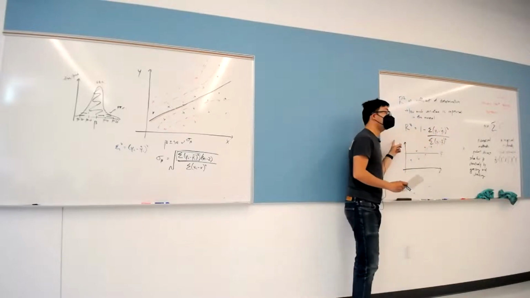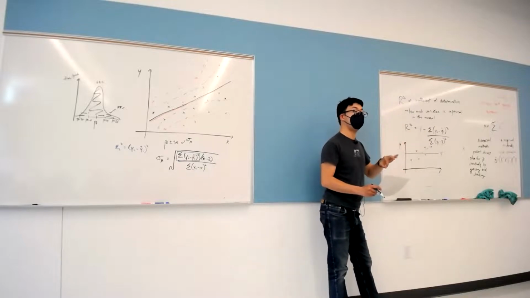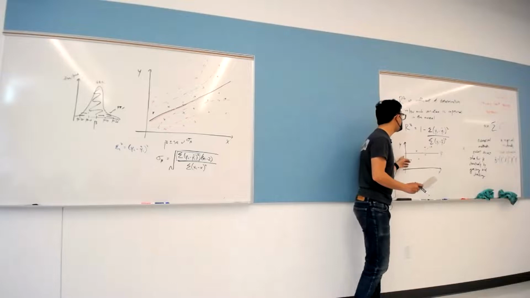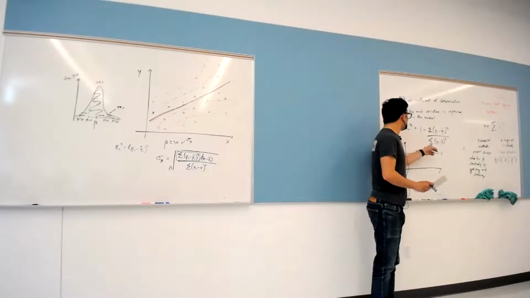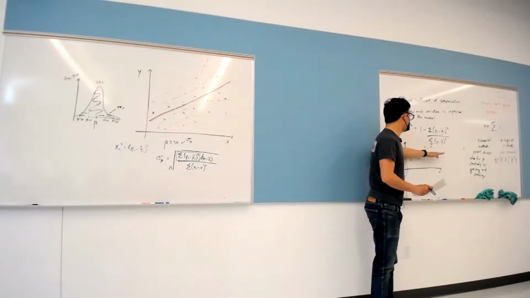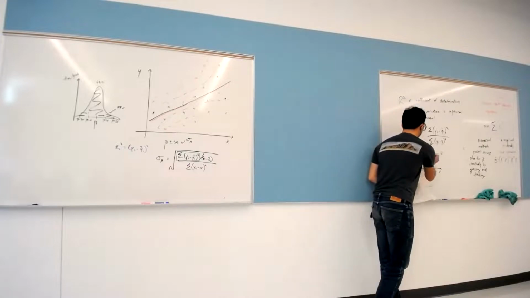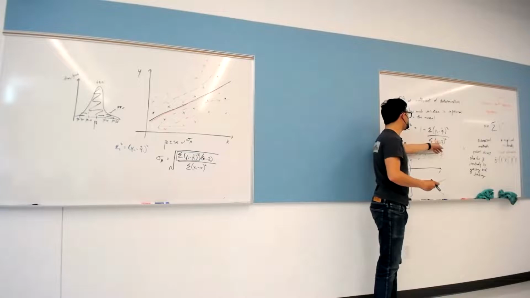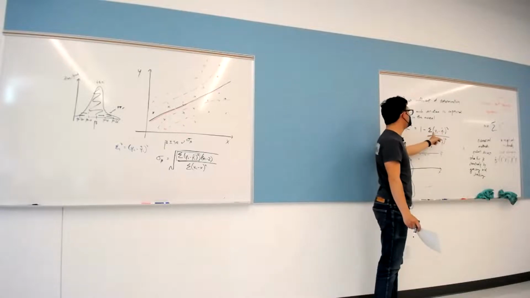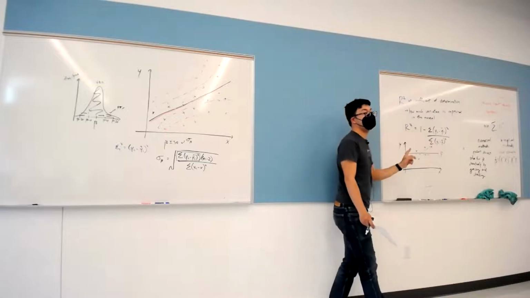So your R squared is going to vary between 0 and 1. The other way around is, let's suppose there isn't much difference between this flat line and your dotted line, and the distances are really large. Then this term will get closer and closer to 1, which makes R squared 0.